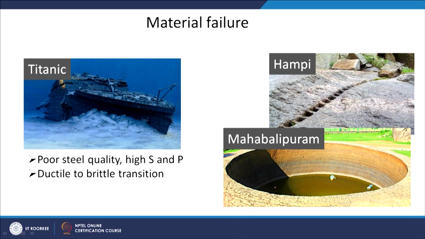Another example of the materials concept is material failure. One of the very popular examples is the failure of the Titanic. In its maiden voyage itself, unfortunately it sank. The reason was that the ship was going through very cold water in the Atlantic. The Atlantic is very close to the North Pole, and a big iceberg came and hit the ship.